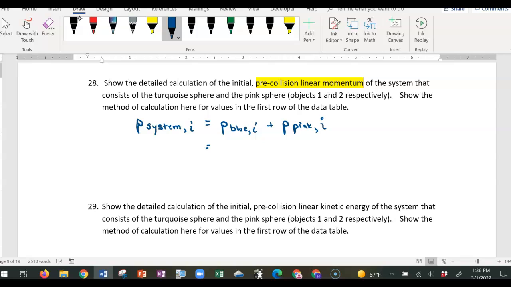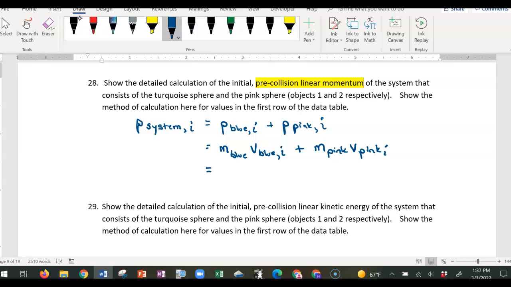And the momentum of each sphere is its mass. So for the blue one, it would be the mass of the blue sphere times the initial velocity of the blue sphere. And then for the pink sphere, it would be the mass of the pink sphere multiplied by the initial velocity of that pink sphere.